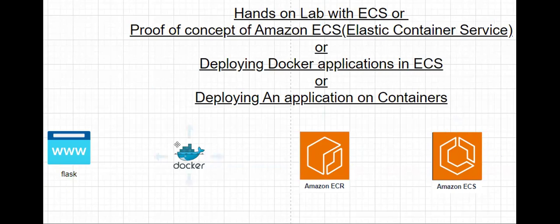And you have also understood the Docker file, how it looks and what commands it has, and how to build your Docker image and push that image to your container registry, and use that registry related URI to deploy in your ECS. Those are all the things you have seen in this video. I hope you understood this video and hands-on regarding how to use your ECS to deploy your containers.